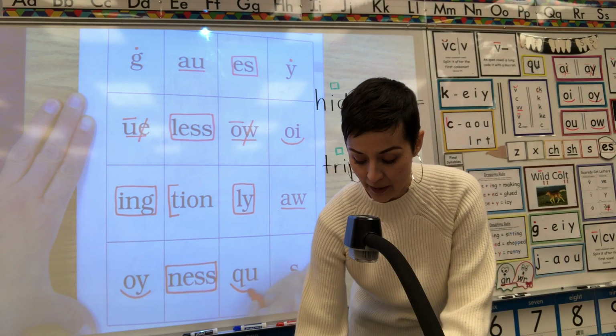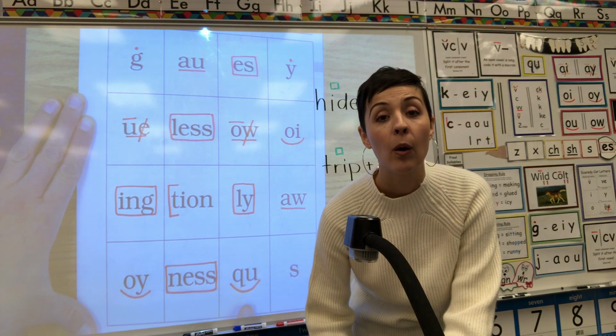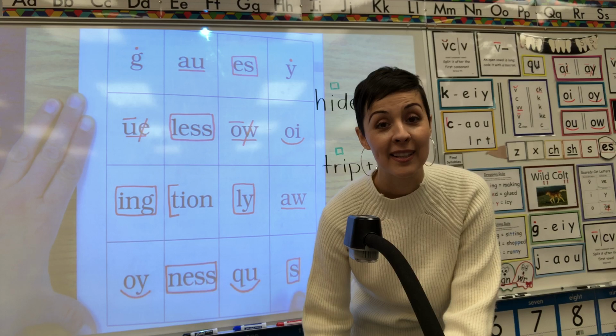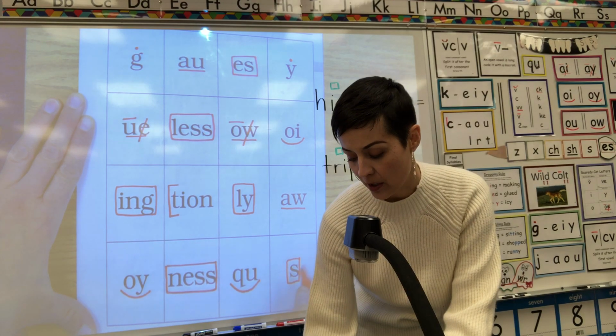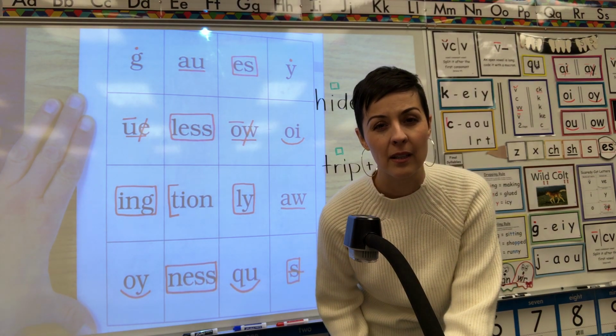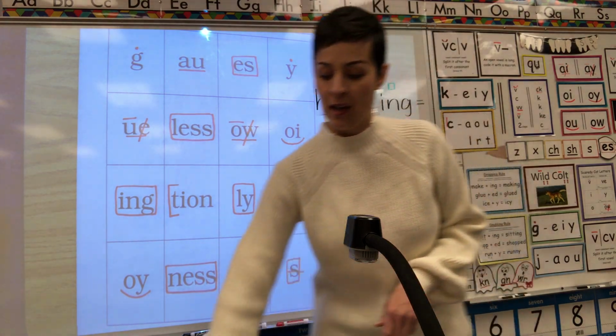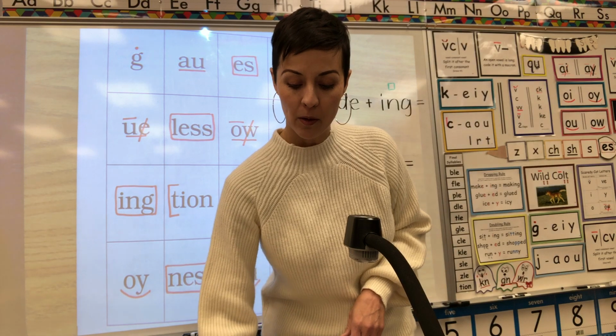Combination QU, arc it. Says qu, qu, qu. And box your suffix s. 3 times says z, z, z. Actually, let's put a voice line to remind us it says the z sound. Nice job.